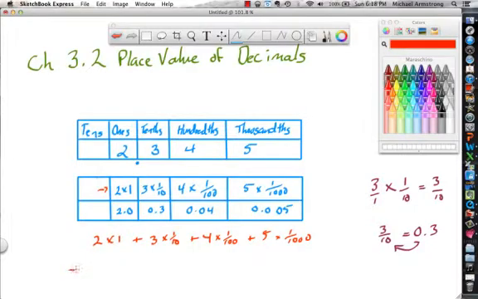And it becomes equal to 2 plus 3/10 plus 4/100ths plus 5/1,000ths. And that gets even more complicated.